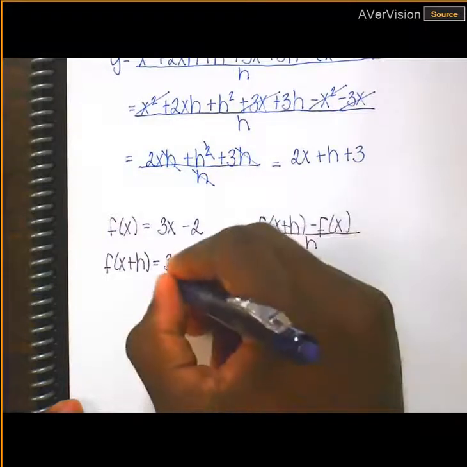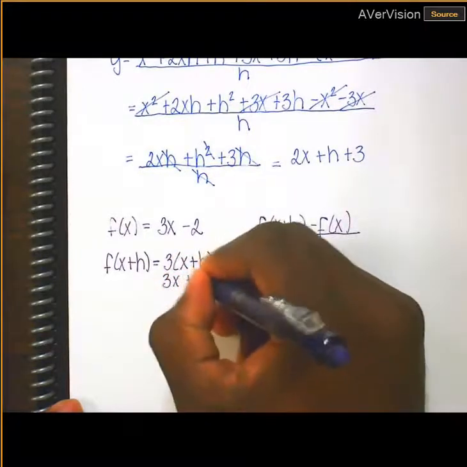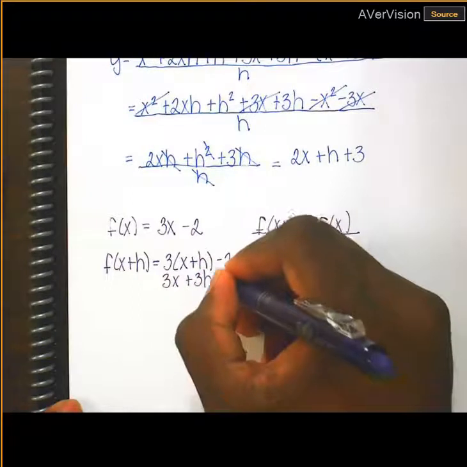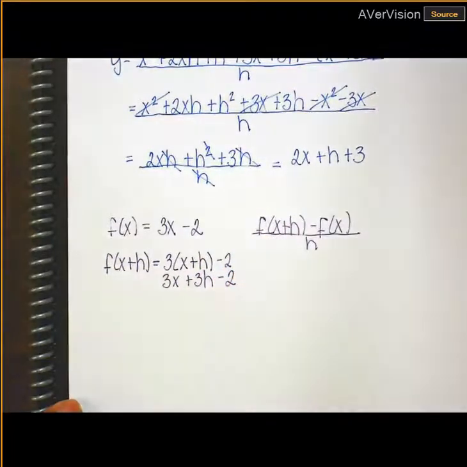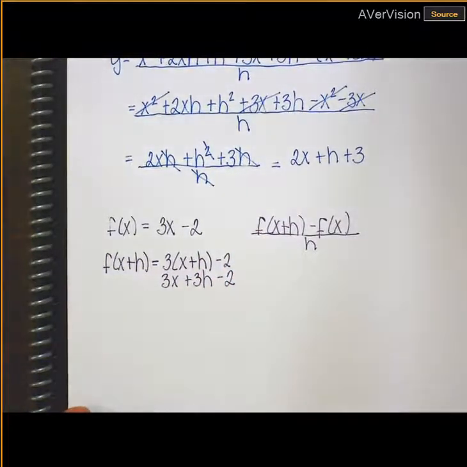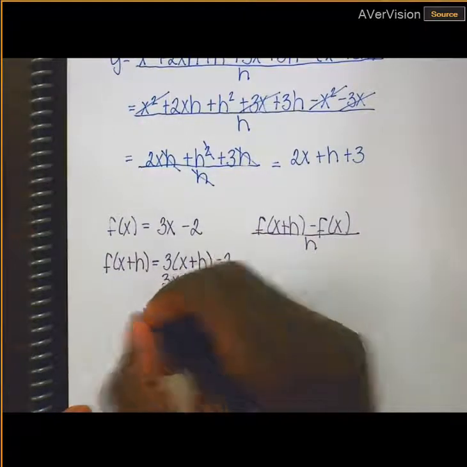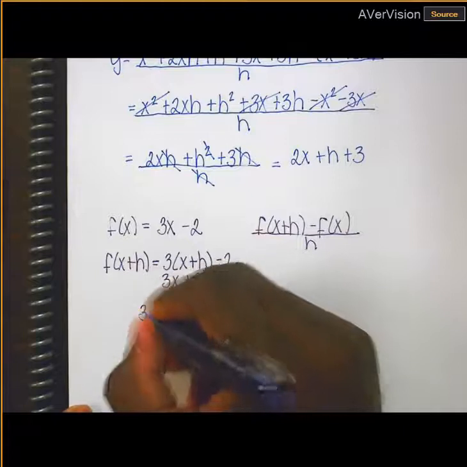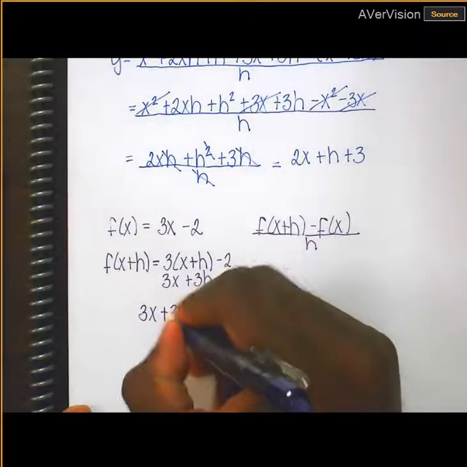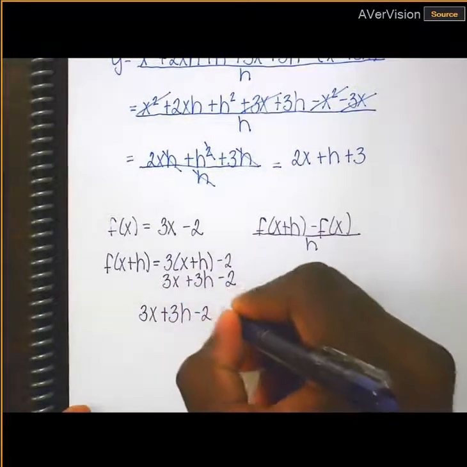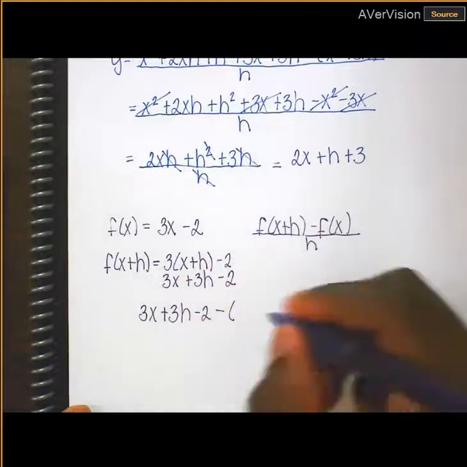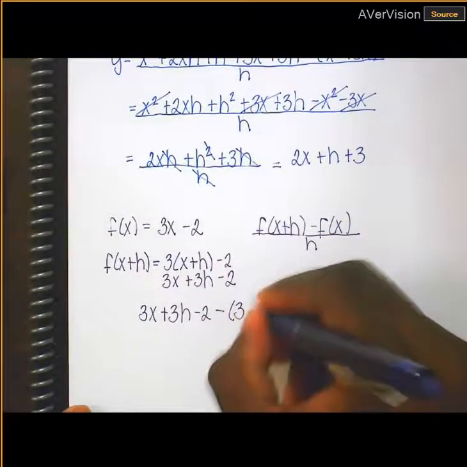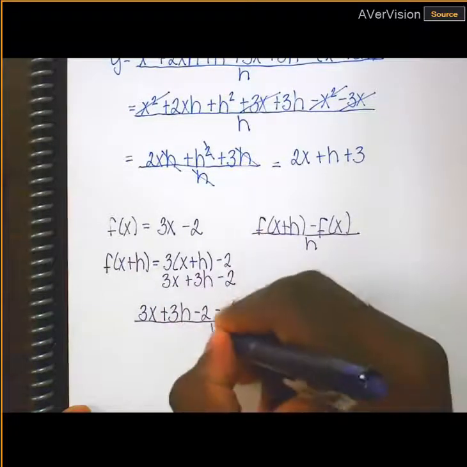So you would get 3x plus 3h, but don't forget about that minus 2. All right, and if we plug this into the difference quotient, we get 3x plus 3h minus 2 minus f of x, which is 3x minus 2, over h.